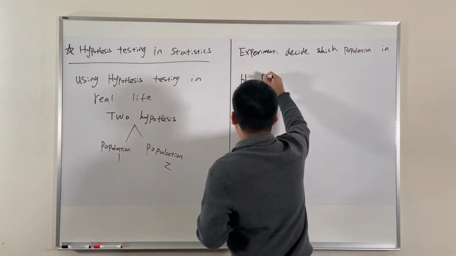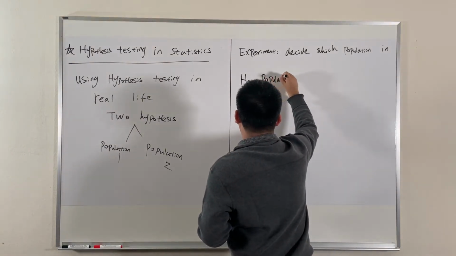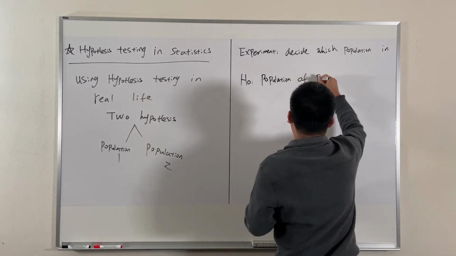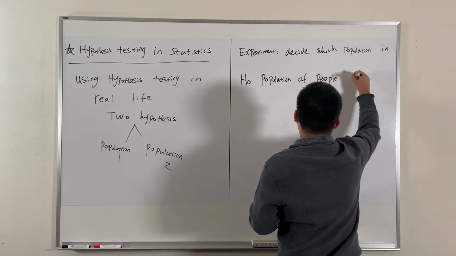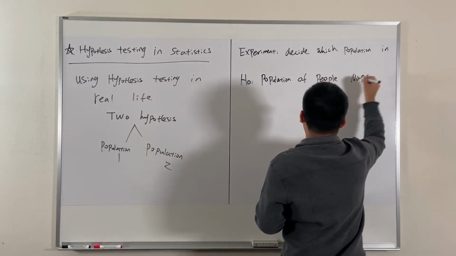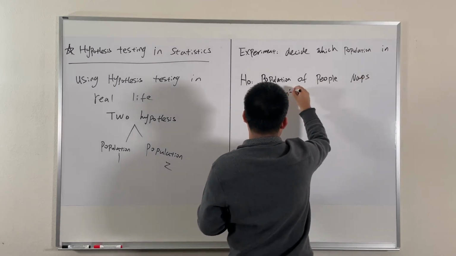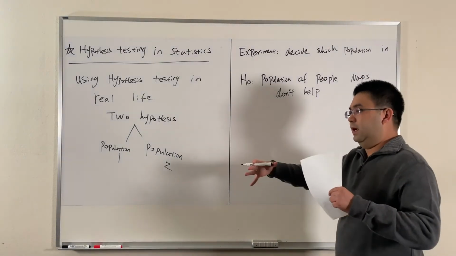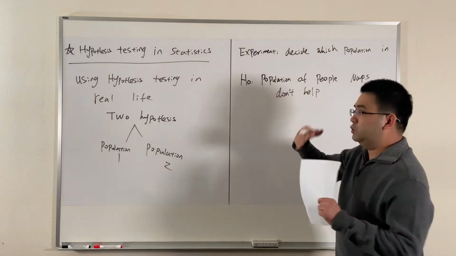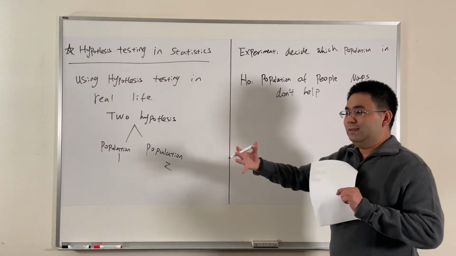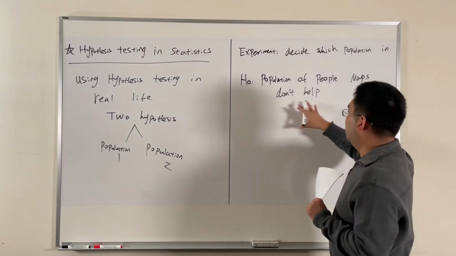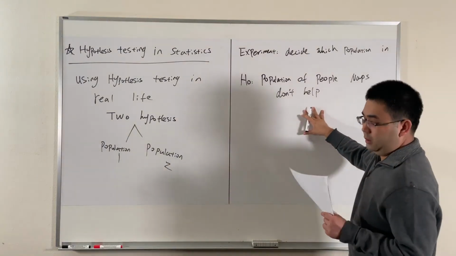The null hypothesis would be the population of people who naps don't help, right? So if you see that naps don't help reducing homework, then you are talking about a population of people that naps don't help reduce homework time.